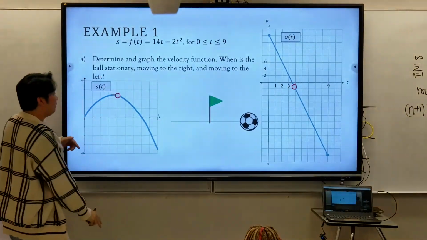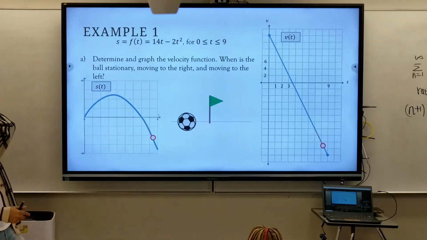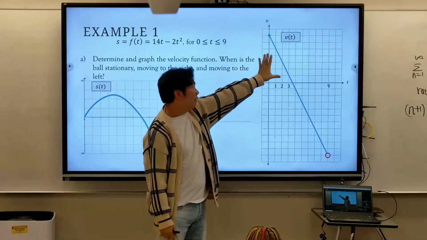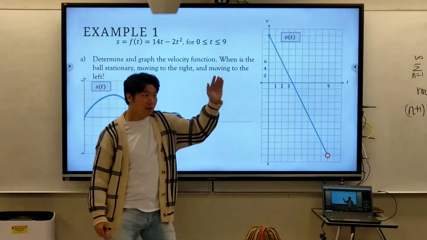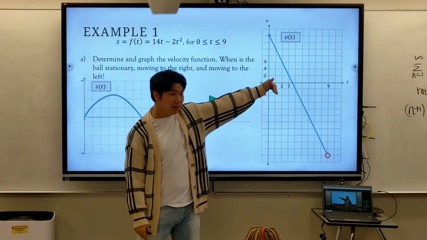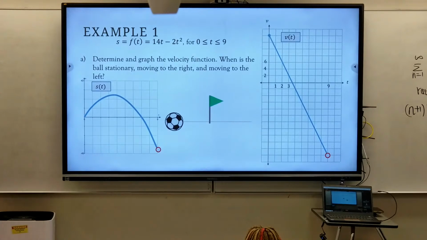If I keep on going, it goes back. I hit back to the center, and then it keeps on going this way. This is how I'm relating it. Other things I want y'all to notice. When the velocity was positive, it was going in the positive direction. But once my velocity turned negative, it started going in the negative direction.